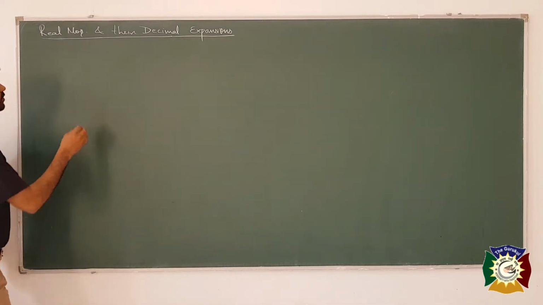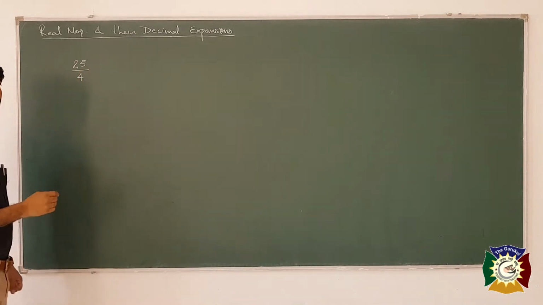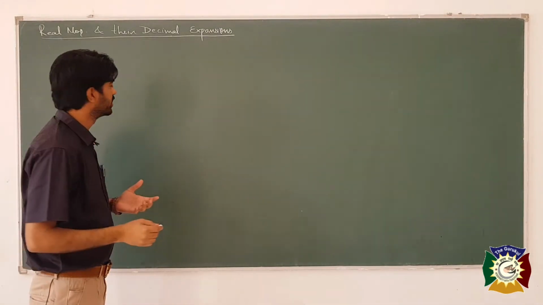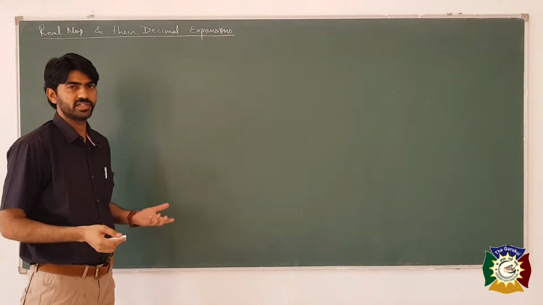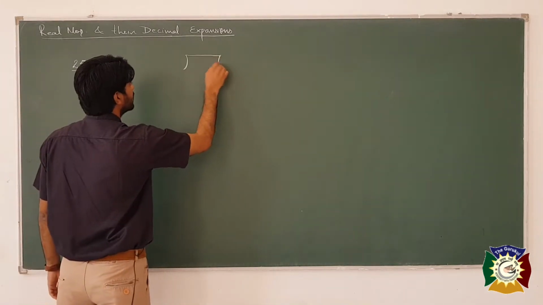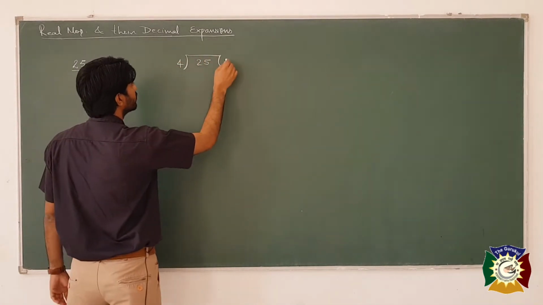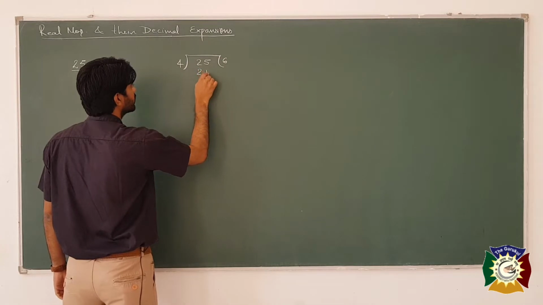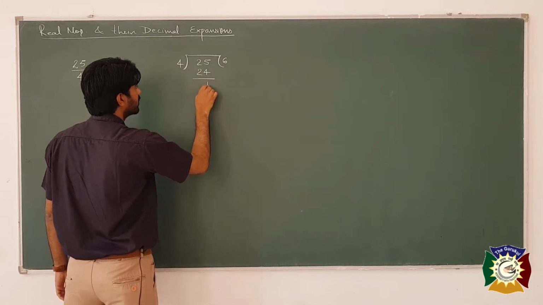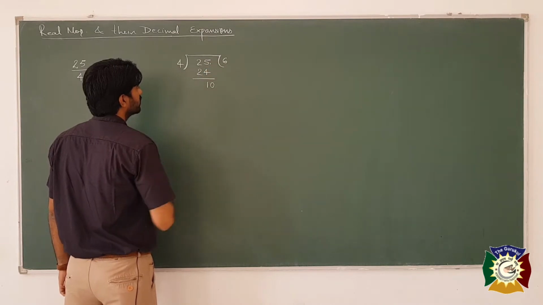Suppose I take an example, 25 divided by 4. To convert this in decimal, we have the traditional method. We divide 25 by 4. So 4 sixes are 24, 1 is the remainder. We will put a decimal, then we have 0 here.